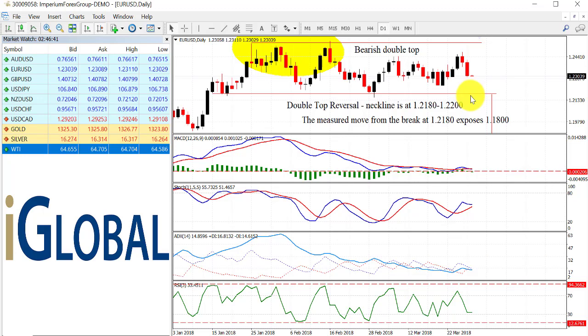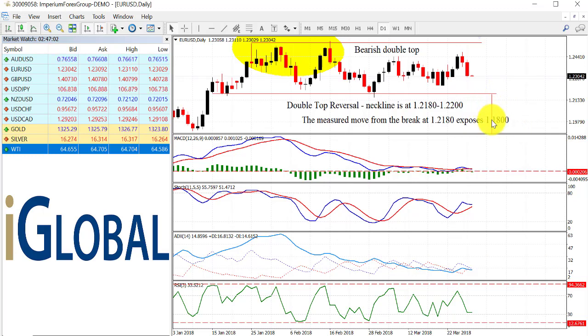Now, I've been harping on this level for a while now, but with the technical implications, along with the strong US dollar returning overnight, we could see the challenge of this double top reversal neckline, and a break of 121.80 would expose the region of 118 as a measured move.